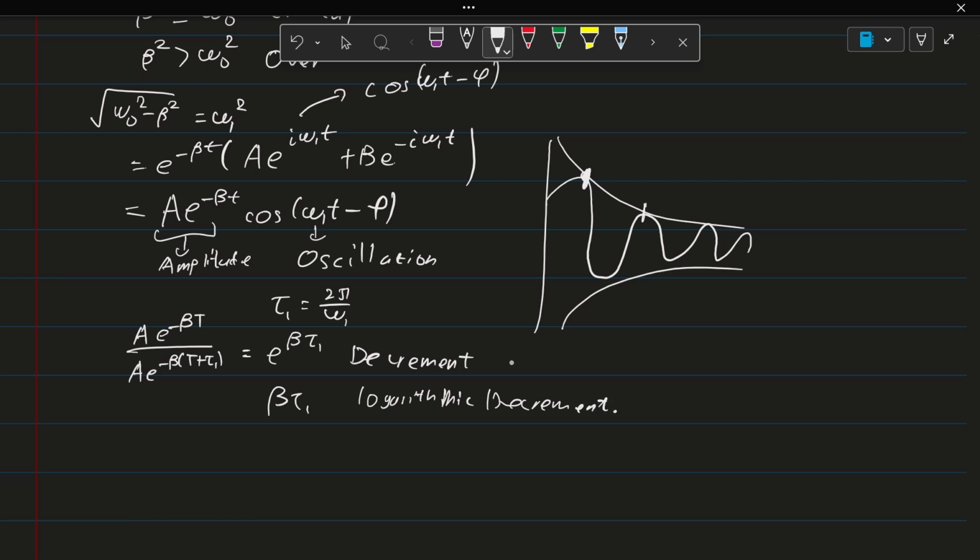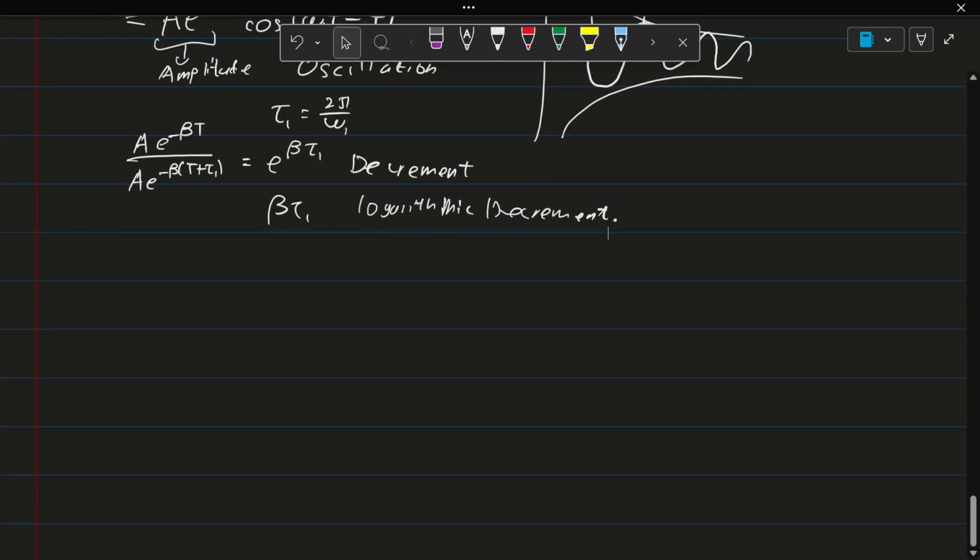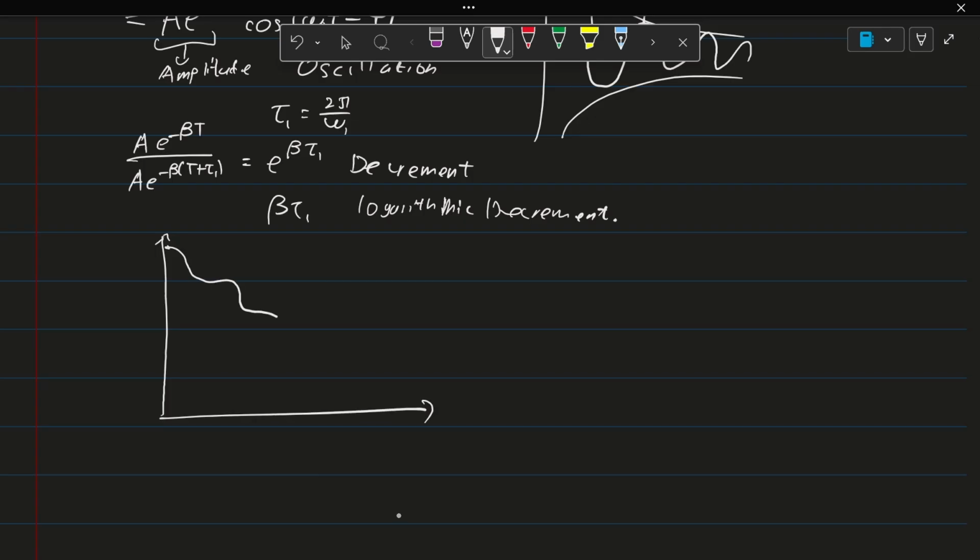You can also try to figure out what the energy is. I won't fully derive it, but you could get that the energy would be going something like this. It's like a step going down each time. If you think about the energy loss, it's just a function of something like this.